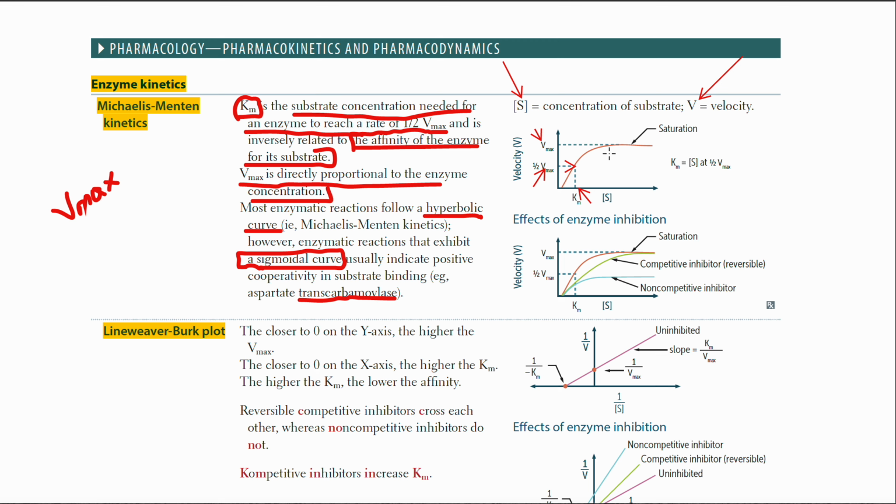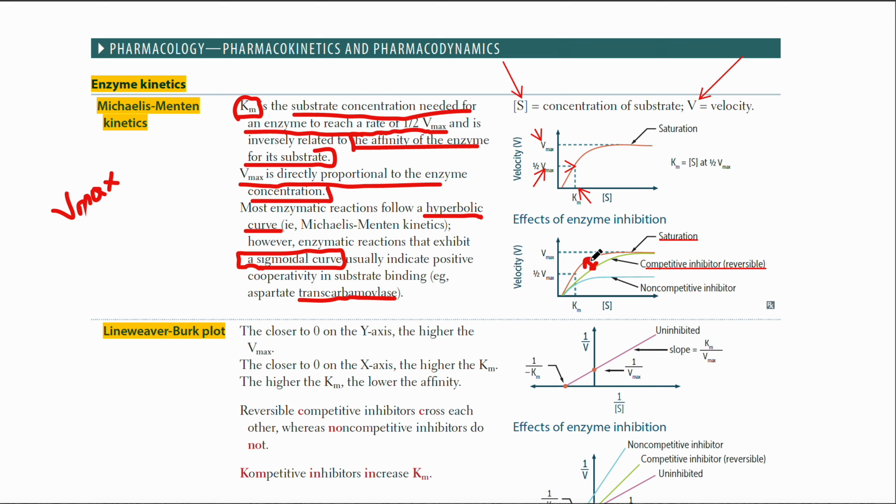So what is happening? Saturation is happening in the normal situation and also in the competitive inhibitor, that is, the reversible competitive inhibitor situation. In both of these cases, Bmax is reached, but there is a slight gap in between, right? So in the presence of a competitive inhibitor, Bmax is reached a little later.